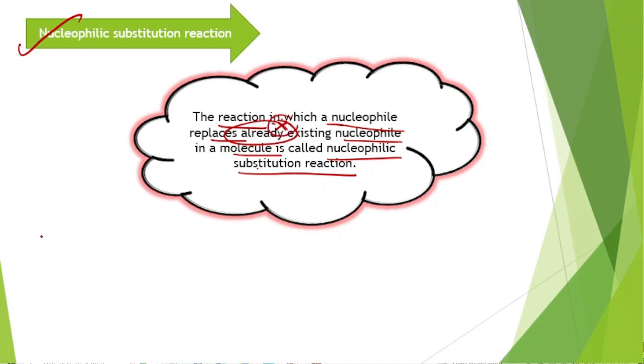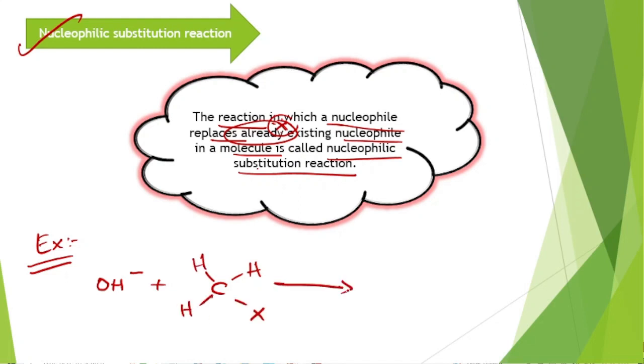Now let me give you an example so that you can understand it very easily. We have the reaction OH minus plus CH3X. After this reaction occurs, what is the product that you are going to get? This is a nucleophilic substitution reaction.